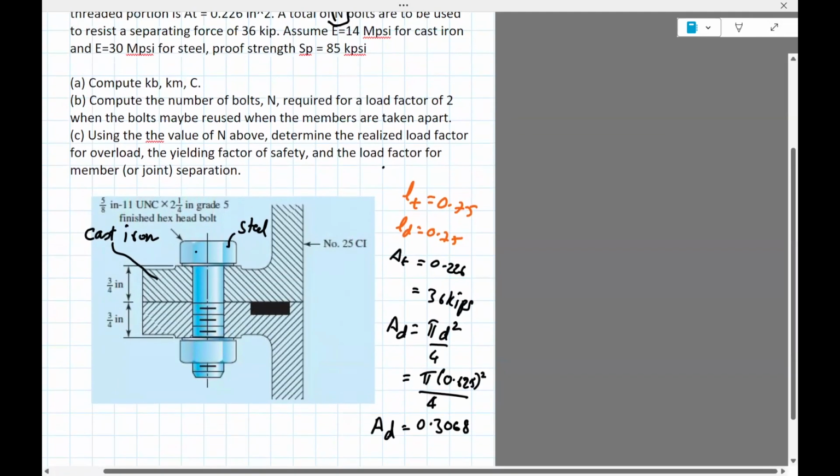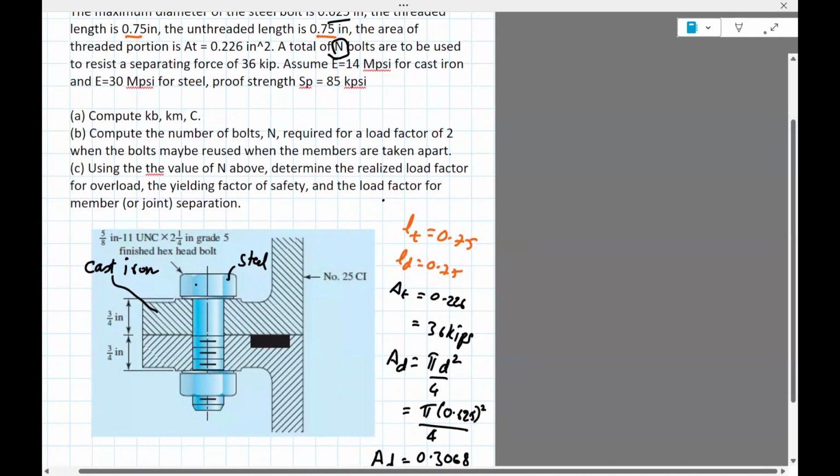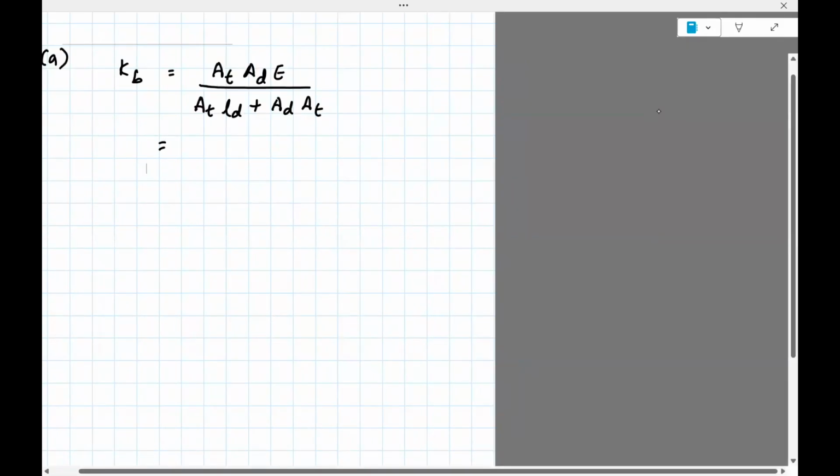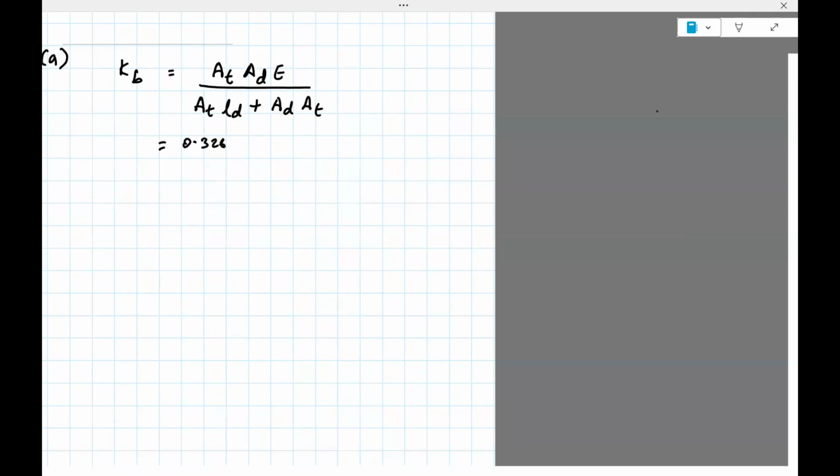E is that of steel. Steel is 30 Mpsi. So here are the substitutions. AT was 0.226. AD we just computed, it is 0.3068. E is 30 Mpsi.